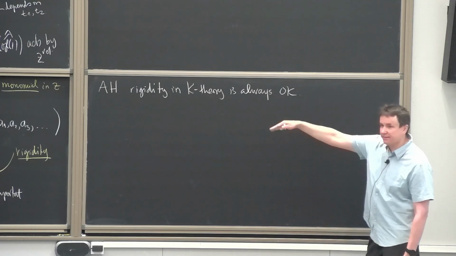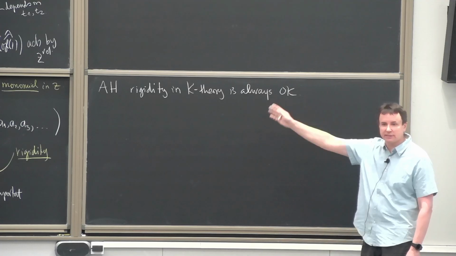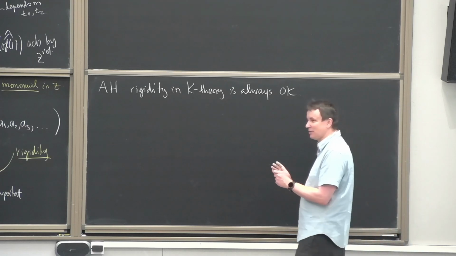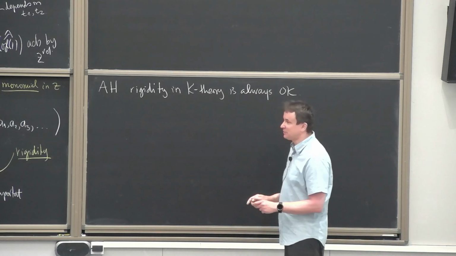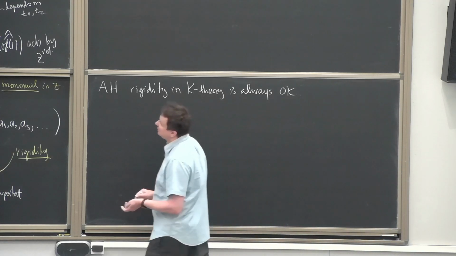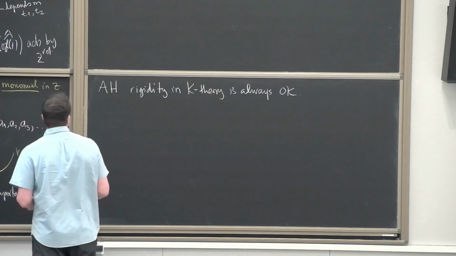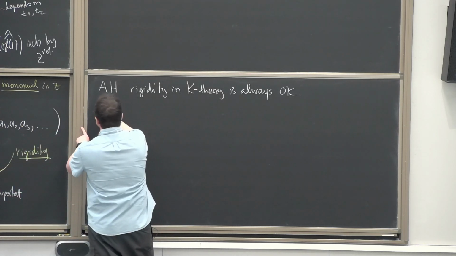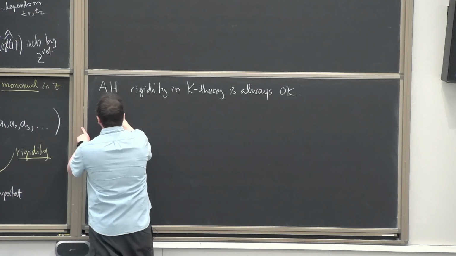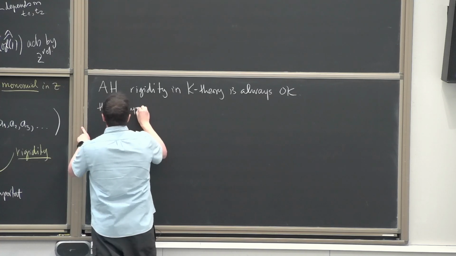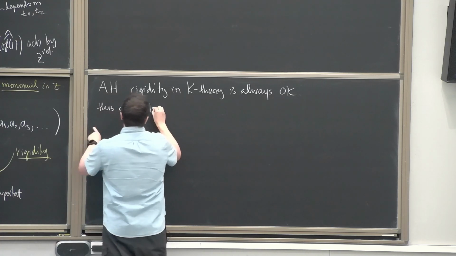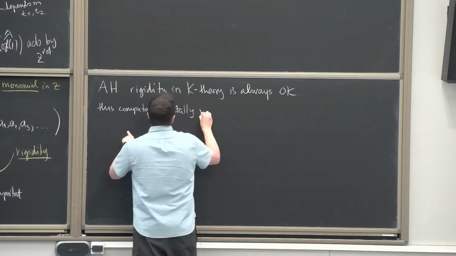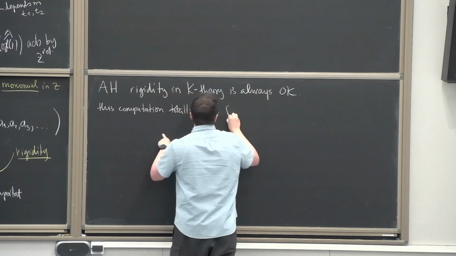It works in cohomology, it works in K theory beautifully. In elliptic cohomology, it's not going to be like that, because in elliptic cohomology, what you need is... in K theory, this computation totally works, for some construction.